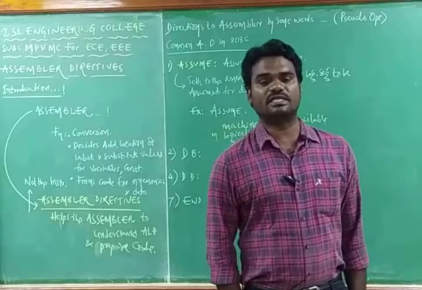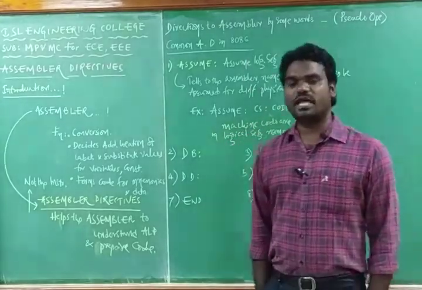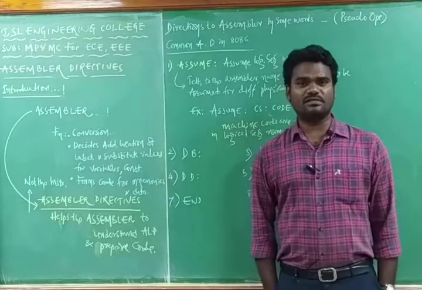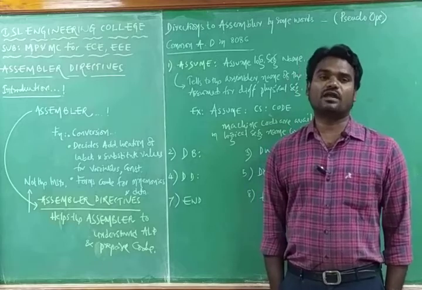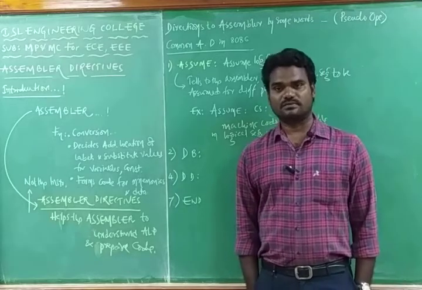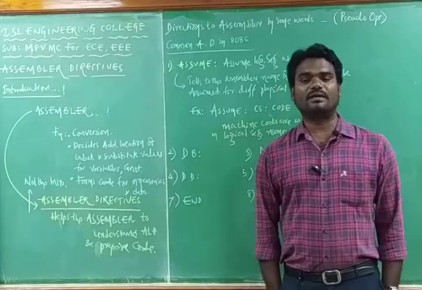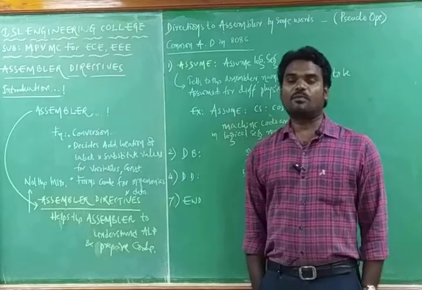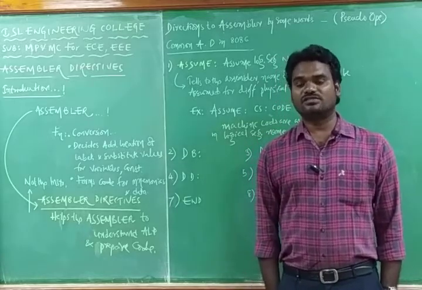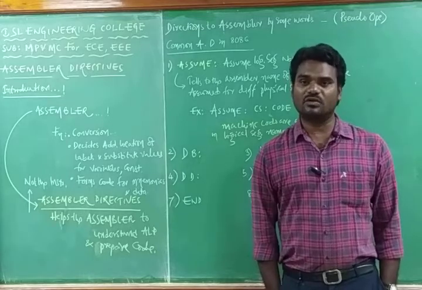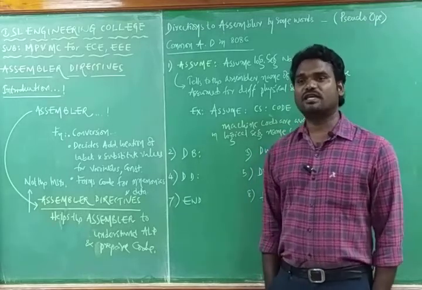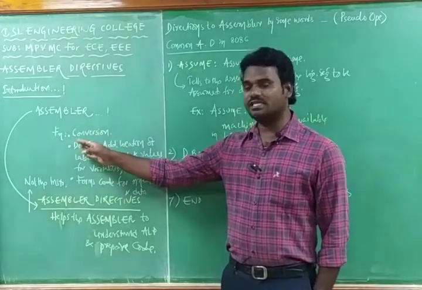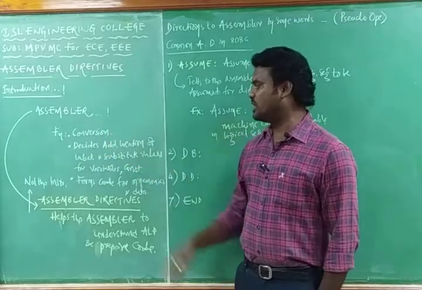First, it converts the assembly language program into machine language. Assembly language can be written with short forms of English words, whereas machine language is a code language represented in zeros and ones. The programmer cannot remember all these zeros and ones if he wants to write the program in machine language, so he requires the assembler.